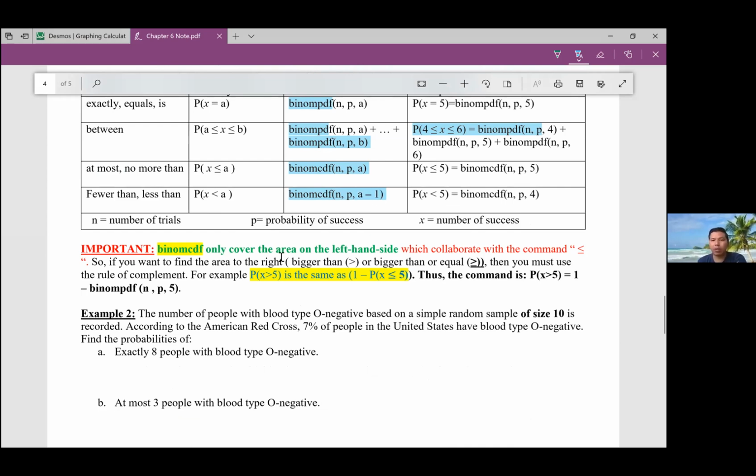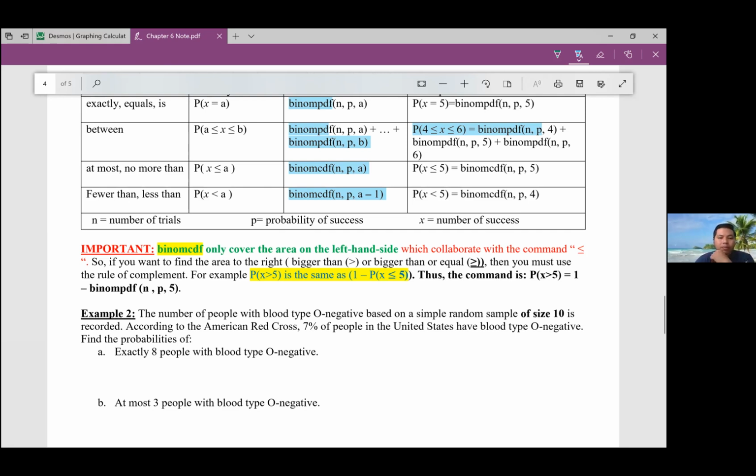Can you see why it has to be A minus 1? Because we want it less than A. That's right, because it's a discrete random variable. So instead of saying less than $10, I can just say less than or equal to $9. That's why we do A minus 1. So for P of X less than A, I can do binomcdf(n, p, A minus 1).